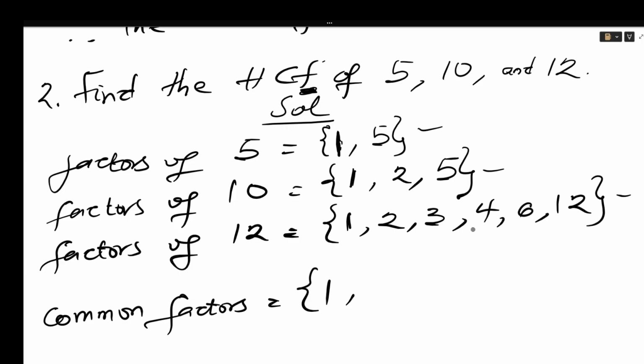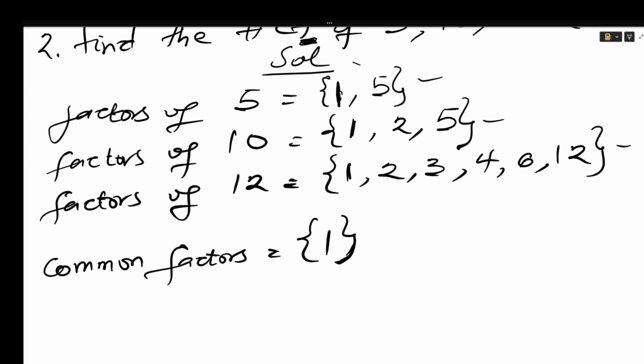So 5 is out. Then again we have 2 and 2, but 2 cannot be found here. So 2 is also out. The same for 3, 4, 6, and 12. So I believe the only common factor we have here is 1.